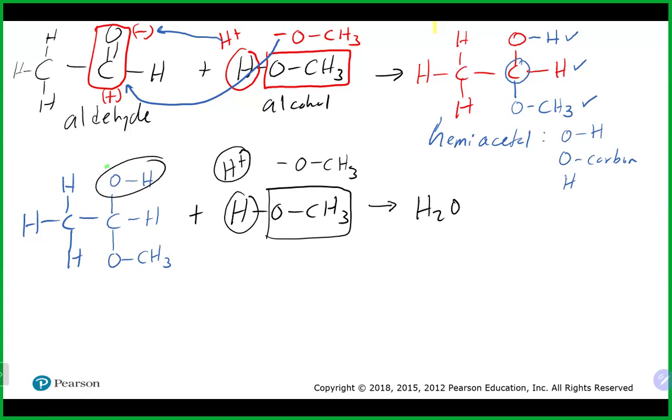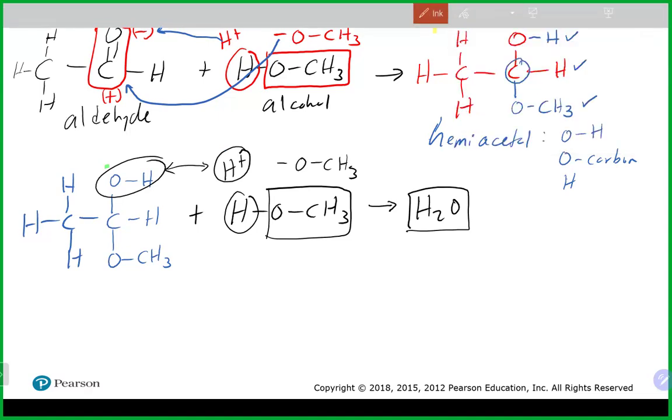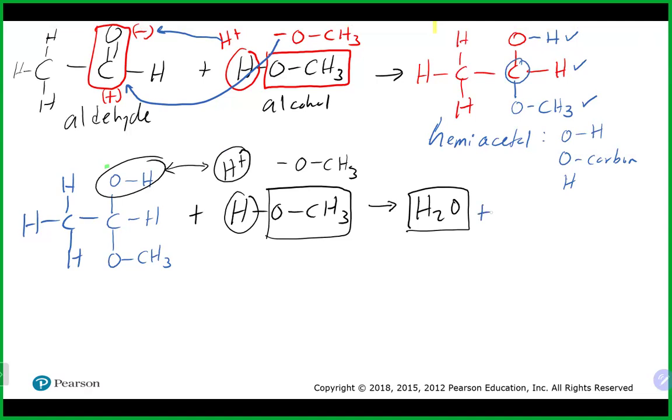So those two guys are going to come together and make water. And that is what you're going to end up with over here. So what happens is you could draw it exactly the way it is without the OH on it. So we'll just redraw it exactly the way it is.